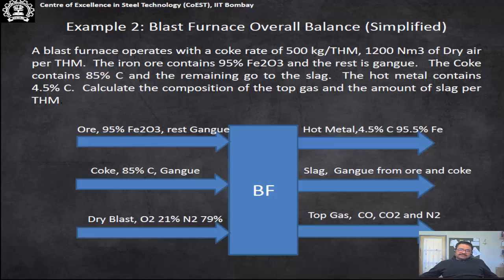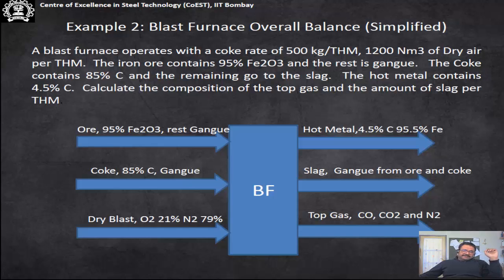The iron ore contains 95% Fe2O3 and the rest is gangue. The coke contains 85% carbon, and the remaining goes to the slag. The hot metal contains 4.5% carbon. Again, as I told you, carbon is not the only dissolved element. There can be silicon, manganese, phosphorus, etc. But here we are considering only carbon to simplify, to demonstrate the principles.